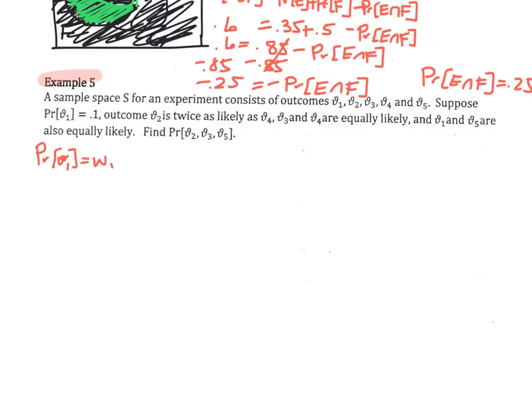Example 5, I'm going to let the probability of any one of these events be represented by a W so that I don't have to write that PR part over and over again. And since all of these are contained in my sample set, remember the beginning portion of this said the probability of your sample set is always 100%, that is, some event in the sample space is bound to happen.